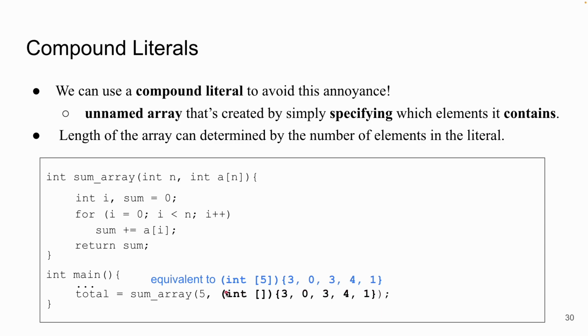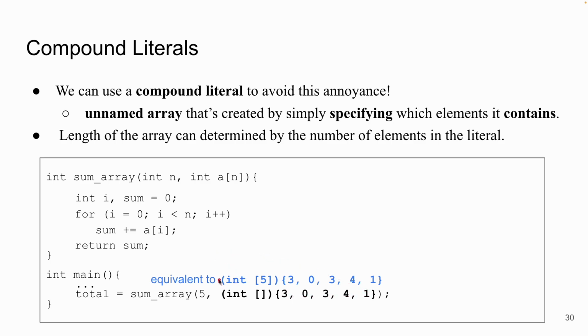You can think about a compound literal like an unnamed array, that is, an array without a name. We can create a compound literal by simply specifying which elements this compound literal contains. And then we can just use this entire expression as the argument for the array parameter. And the length of this unnamed array is determined by the number of elements we have here.